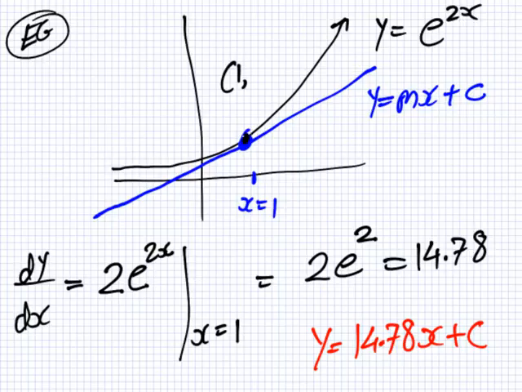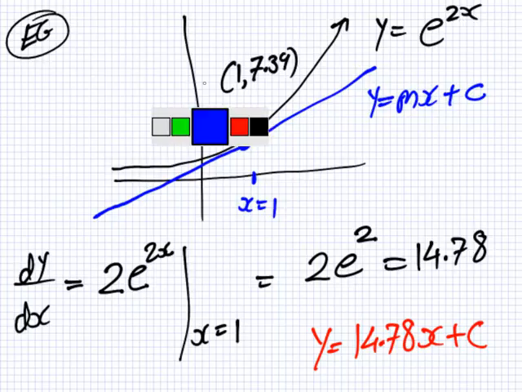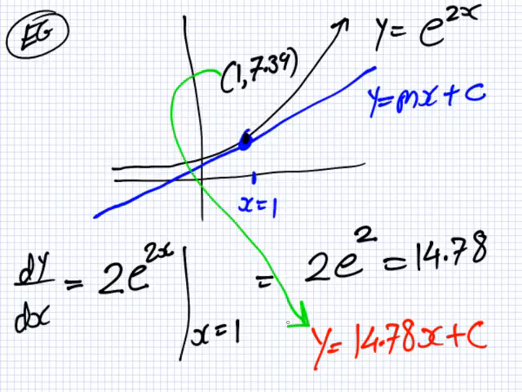How can we find the y? Well, in the formula. Yeah, we have the formula. So what would the y be? It would be e squared. And that is 7.39. So let's put that in and we can find the c.